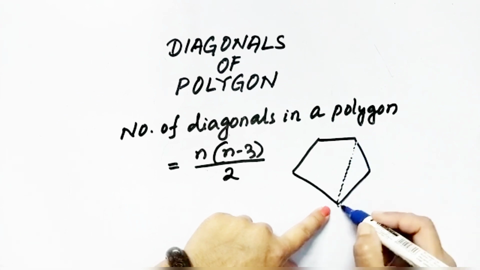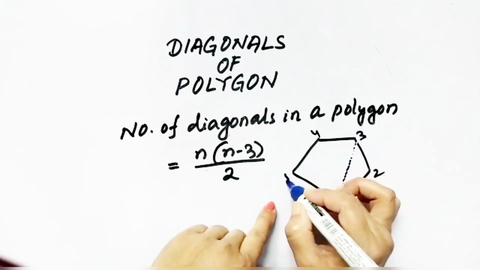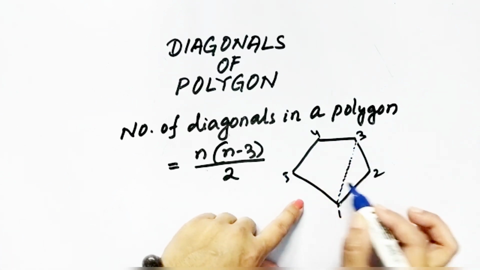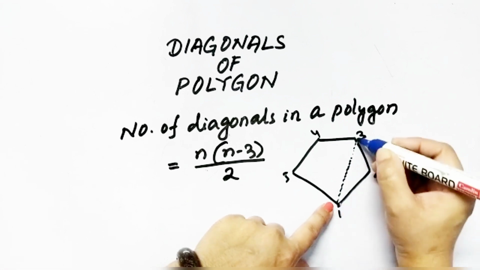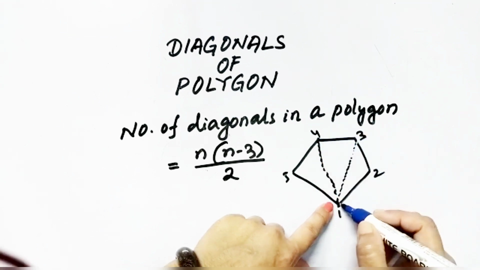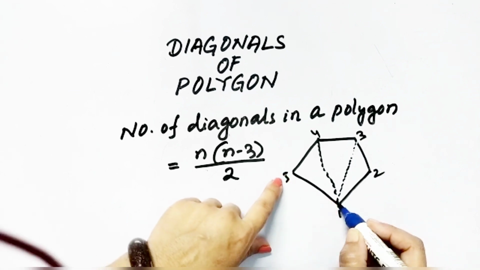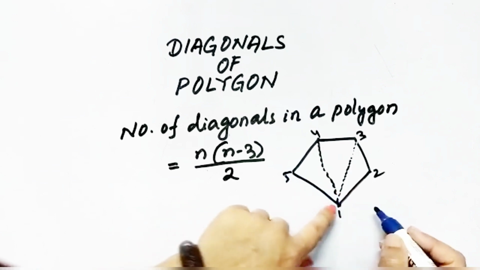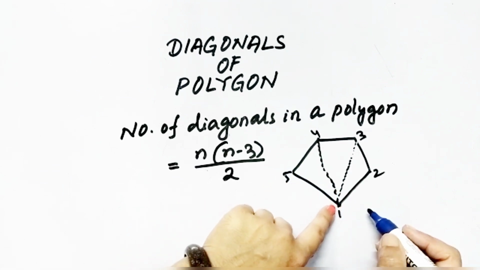Here 1, 2, 3, 4, 5 are the vertices. From one vertex we can join 3 and 4. We cannot join 1 and 2 because that is a side, not a diagonal. From 1 to 3 we can join, but 1 to 5 we cannot because this is also a side, and 1 to 1 we cannot join because it is the same vertex.